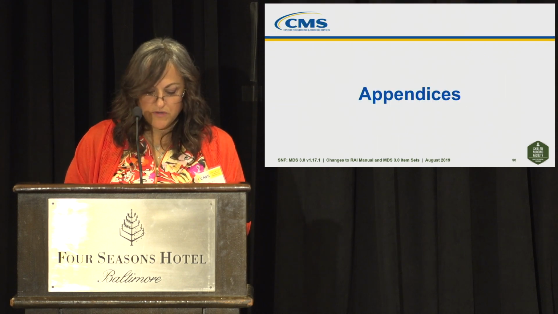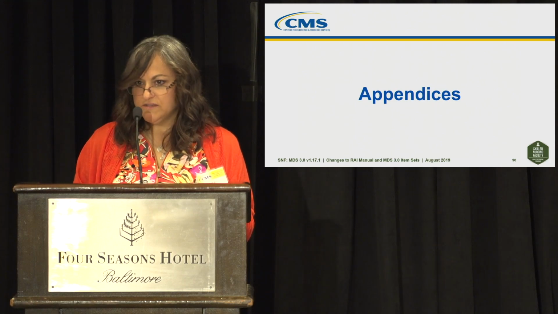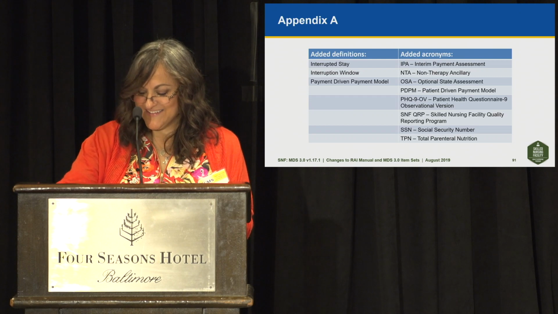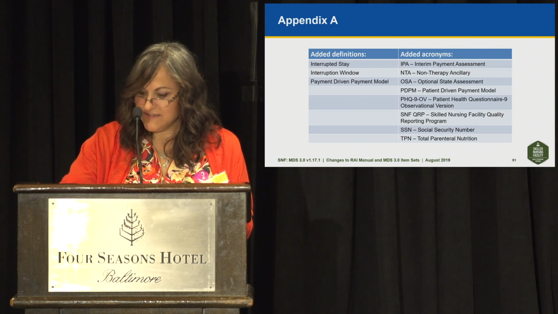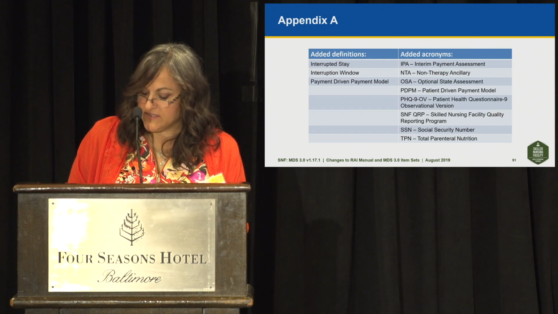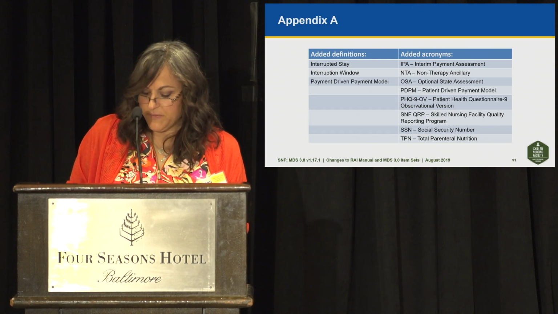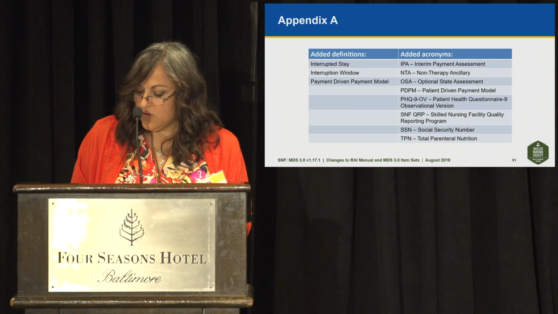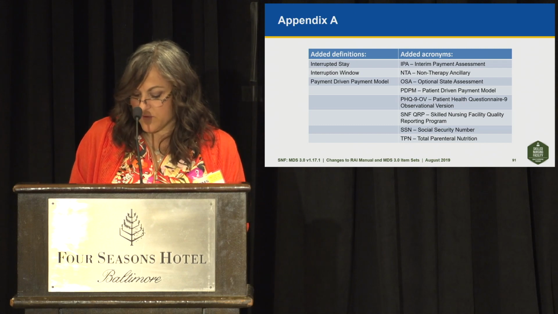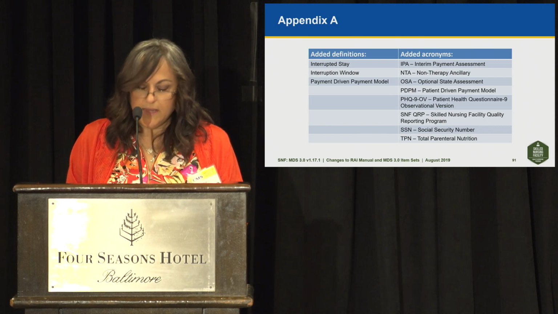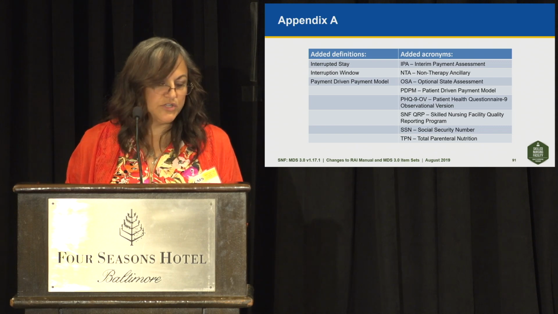And finally, just when you thought there couldn't be possibly more changes, there are some in the appendices. In Appendix A, the definitions and acronyms were updated. The definitions were added to interrupted stay, for interruption window, and for the patient-driven payment model. And all of these acronyms that you see on the right side of this table, I did use during this presentation, except for SSN, which is your social security number, and TPN, which is total parenteral nutrition.